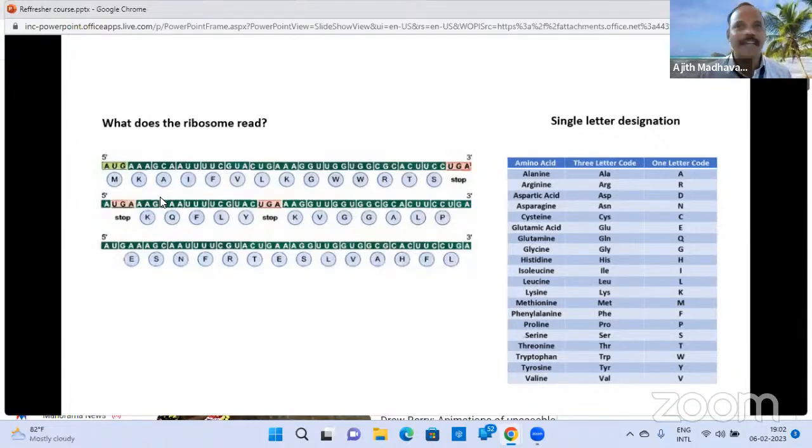Stop codon meaning it doesn't have any amino acid associated with it. It just serves the purpose of stopping translation. Hence, it is called a stop codon. So 64 minus 3, 61 code for amino acids, and 3 help in stopping the translation process.